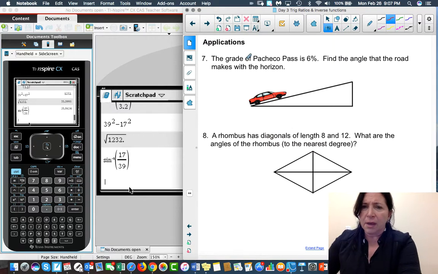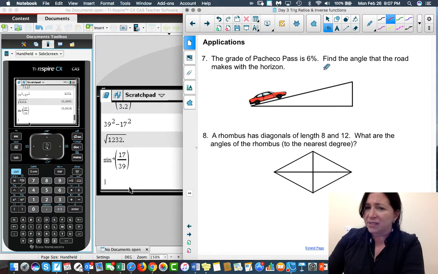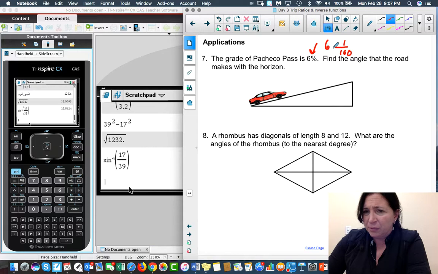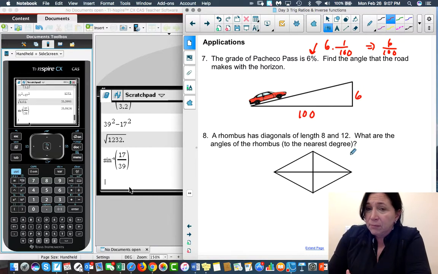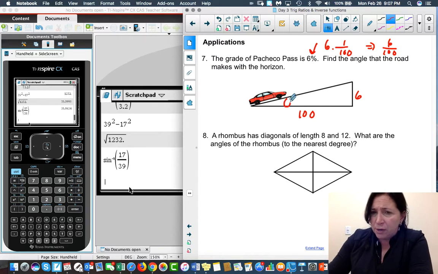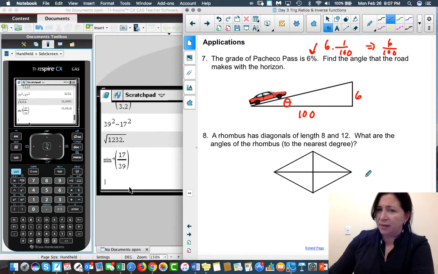So the grade of the Pacheco Pass is 6%. Find the angle that the road makes with the horizontal. So remember, 6% means 6 over 100. Okay, find the angle that the road makes with the horizontal. So we are looking at that angle right there.